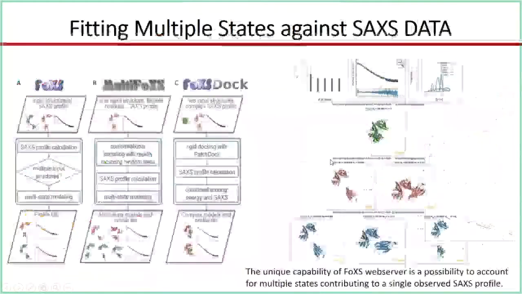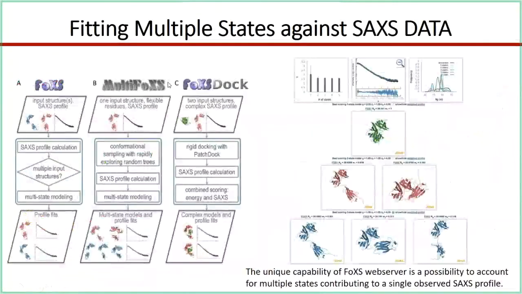The other thing is when we talk about rigid body modeling of multi-domain proteins with flexible linkers, and the linkers with a variable degree of flexibility, one has to keep in mind the possibility that one spatial arrangement of these multiple domain structures is not enough to account for the SAXS data that you're seeing.